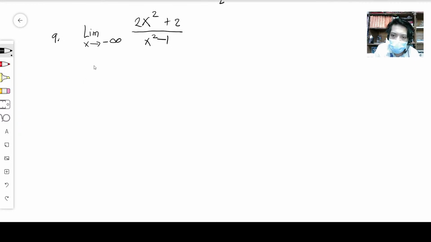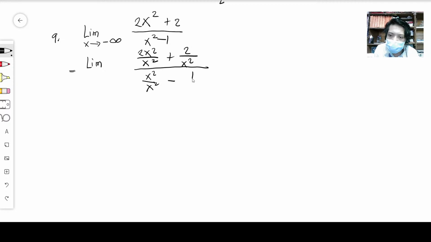Okay, let us try to solve this one. So this is equal to the limit of 2x squared over x squared plus 2 over x squared, all over x squared over x squared minus 1 over x squared. Again, we divide by x squared because x squared is the highest degree term. This is when x approaches negative infinity.